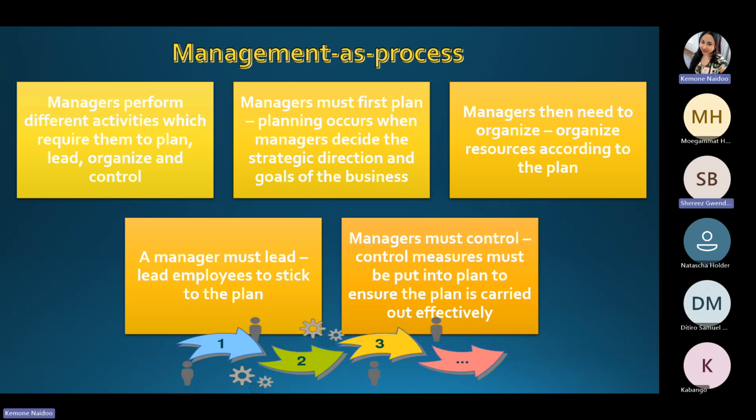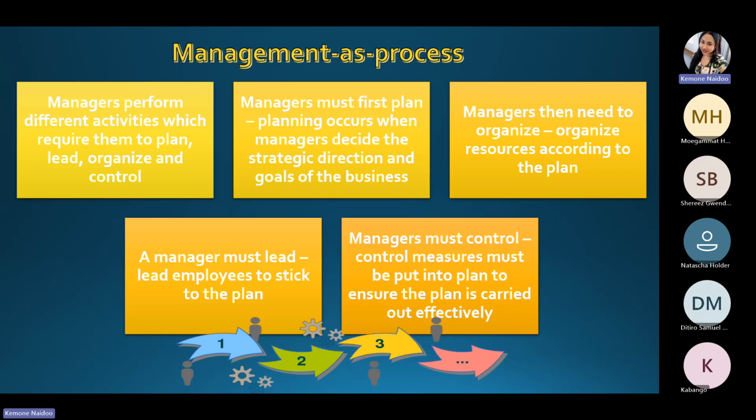Okay, and then the last function of management, which is control, which again we will look at more in depth as we go on. Control simply means taking control of everything. So if we're looking at the operations process, having control measures in place ensures that no mistakes are being made, or if there are mistakes being made, they are picked up on early and also rectified.